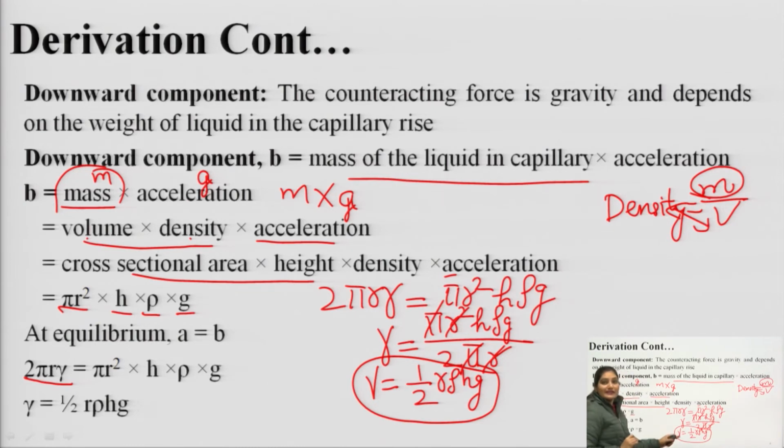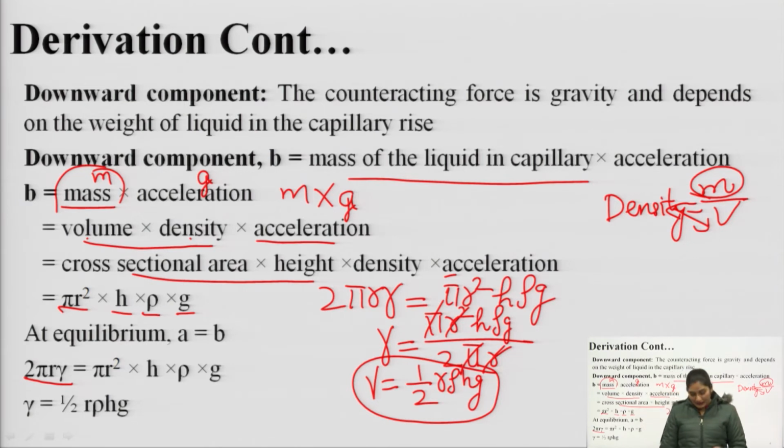What is gamma? Surface tension. R is radius, rho is density, h is height and g is acceleration due to gravity. Okay. When we have values of radius, density and height, then we can easily calculate the surface tension with the help of this method.